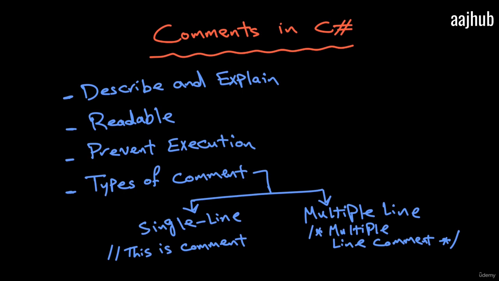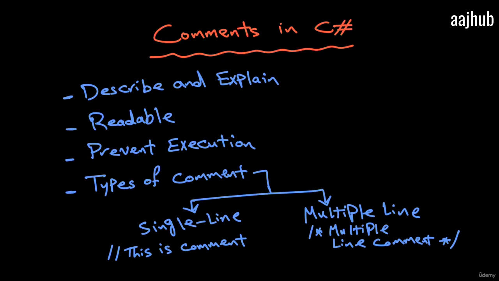The second type of comment is called multiple line comment or block comment, and you can create a comment over multiple lines by using the opening symbol and the closing symbol. The opening symbol is /*, and the closing symbol for this multiple line comment is */. That's all about it.